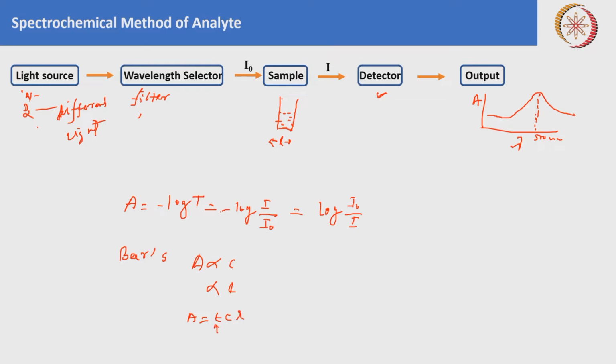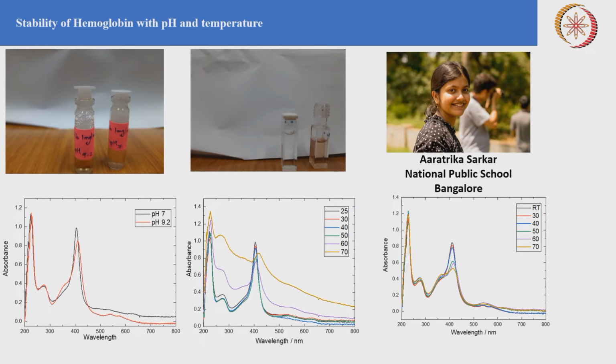Then you apply a proportionality constant epsilon, A equals epsilon C L. This is the absorption coefficient. These things we all know, so I am not spending so much time on this.